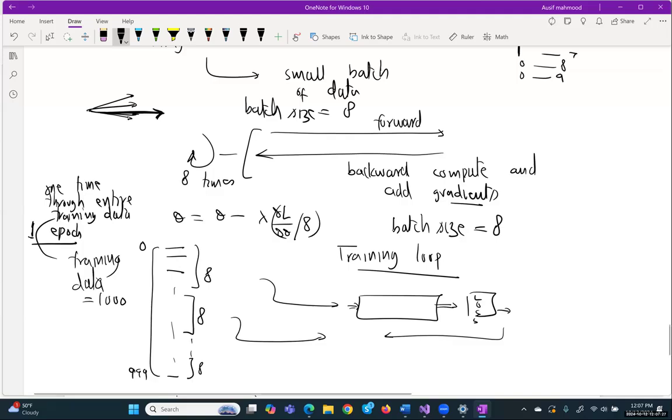Just training for one epoch, even though we have gone through the entire training data, will be okay, but it will not be the best result, meaning it will not be fully trained.